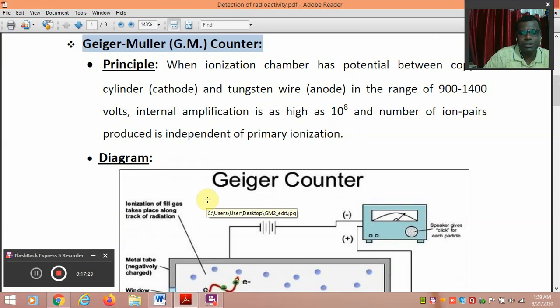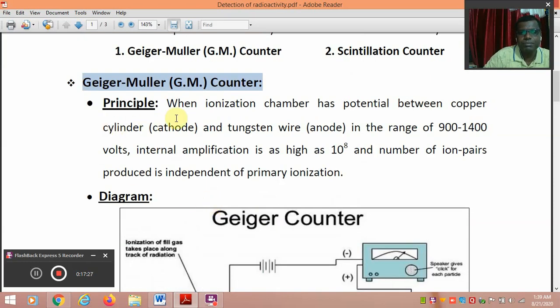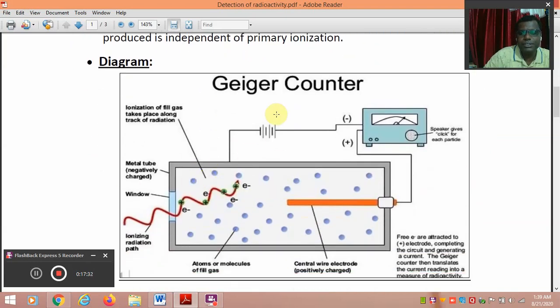So in this part of the lecture, we have discussed the principle of working of the GM counter. At the same time, we have discussed the setup, what the components of the GM counter are that are necessary for the detection of radiations emitted by the radio element. So these are the components.